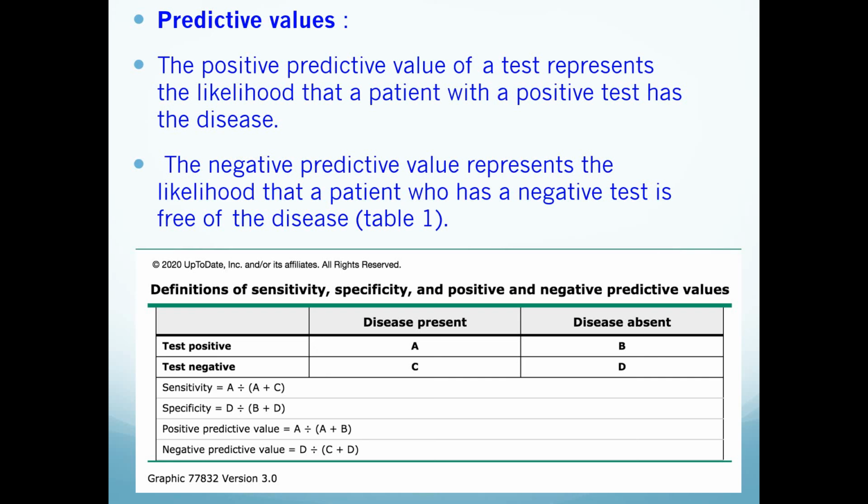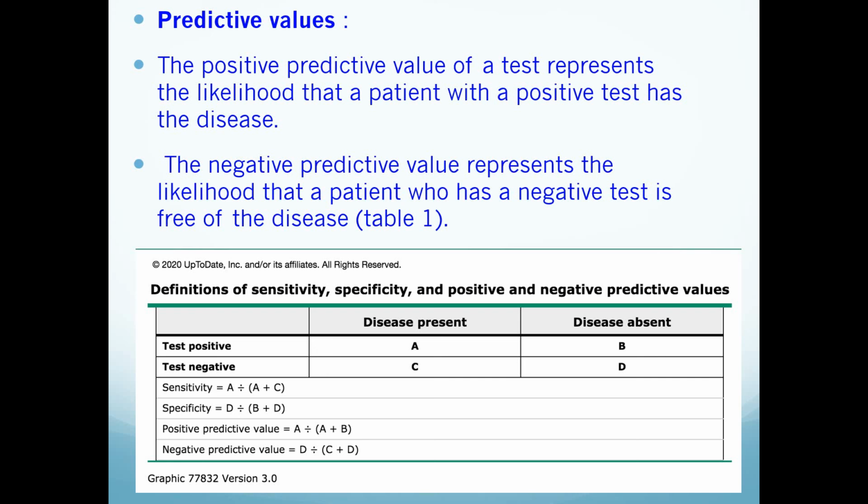What does that mean? When we are talking about positive predictive value, it means that a patient who has the disease will test positive. The negative predictive value represents the likelihood that a patient who has a negative test is free of the disease. Say we do test A for syphilis.